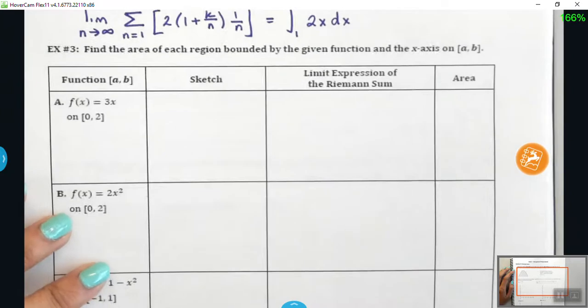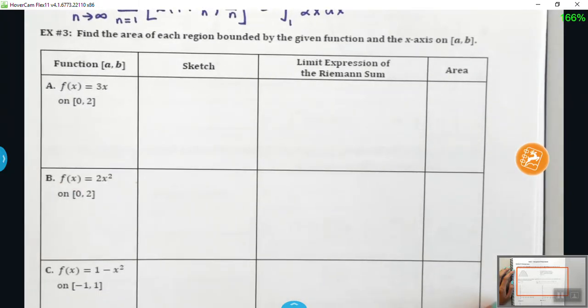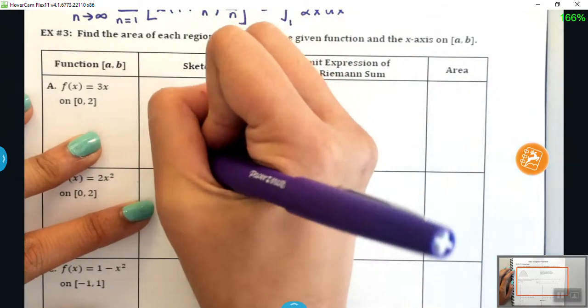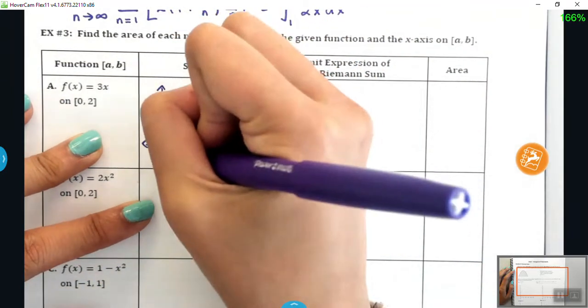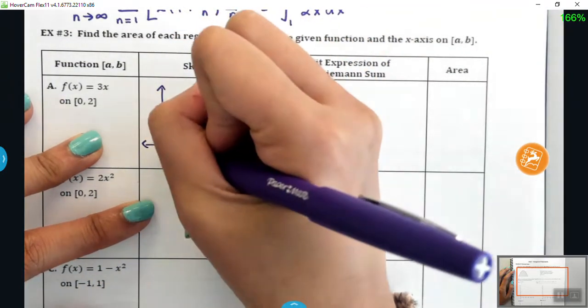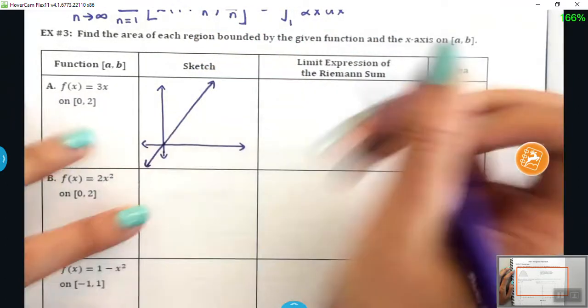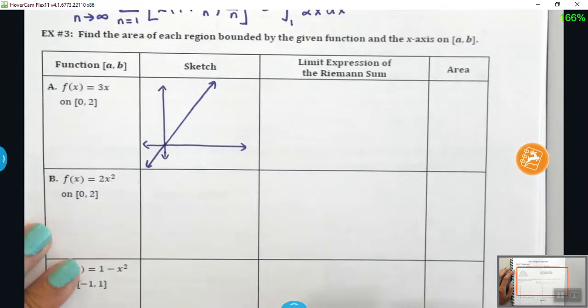So let's start with 3x. Okay? So 3x, here's what we do. Let's do a graph of 3x. So here's our graph.